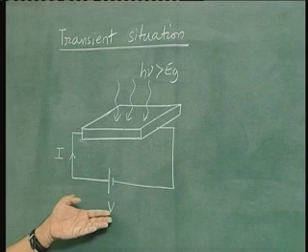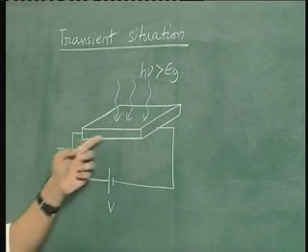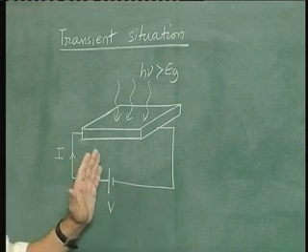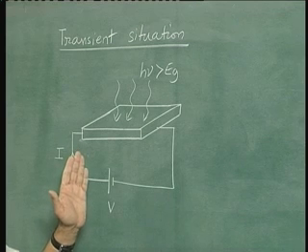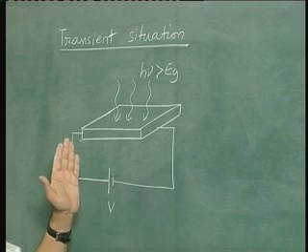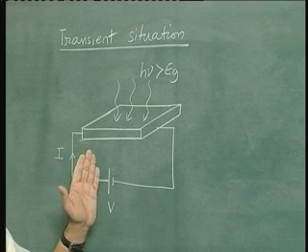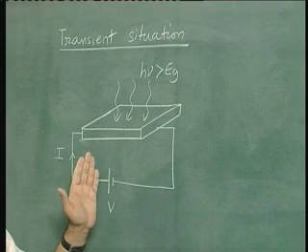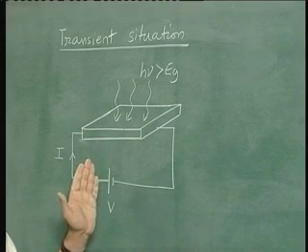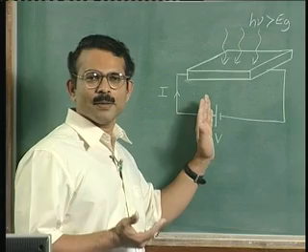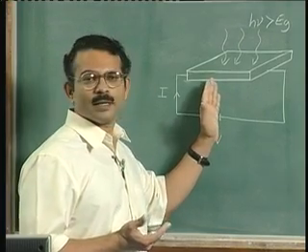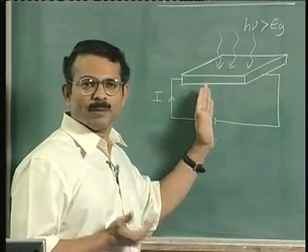We keep the voltage constant and you have a current flowing. Supposing you switch on the light at some instant of time, how long does it take for the excess carriers to increase to their steady state value? And when you switch off the impulse, how long does the sample take to come back to equilibrium conditions?